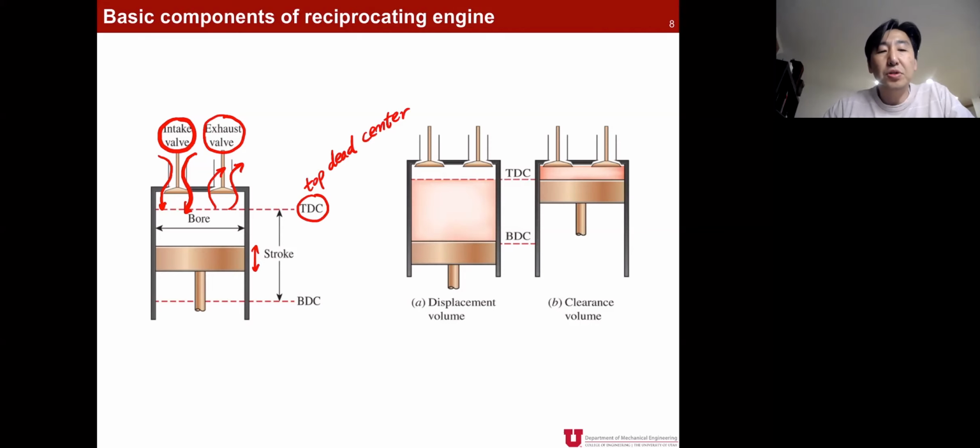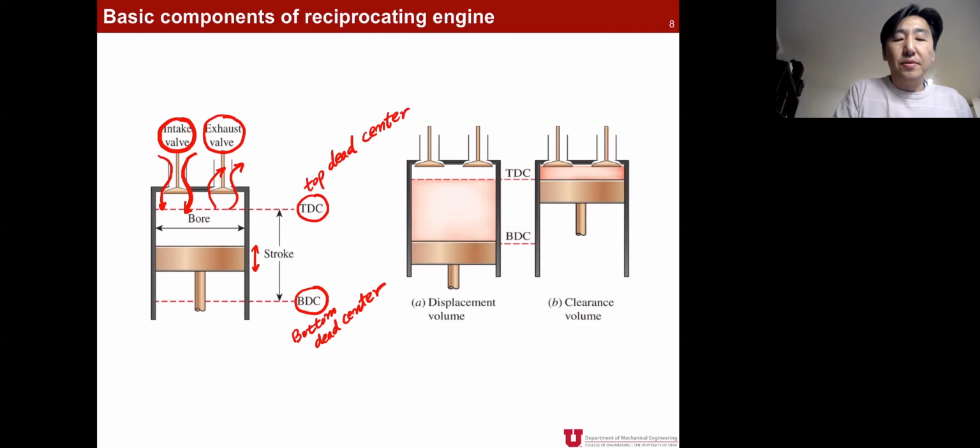The lowest position where the piston can go down to is called BDC, or the short name of bottom dead center. So now piston moves up and down, from BDC to TDC, and that displacement of piston movement is called stroke.